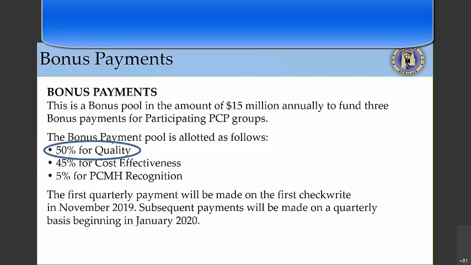Below, you will see how the pool will be allocated. 50% of this pool will be allocated for quality metrics, which will be discussed in detail today, 45% for cost effectiveness, which will be discussed on a future webinar later this week, and 5% for patient-centered medical home recognition. I would also note the first quarterly payment will be made on the first check write in November of 2019. Subsequent payments will be made on a quarterly basis beginning in January 2020.